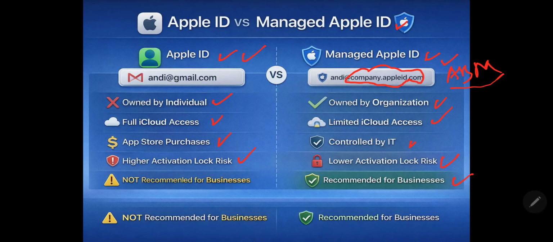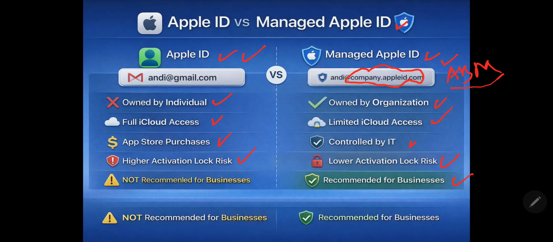Step number 2, verify your company domain. Log in to Apple Business Manager, go to Settings, Account, Domain, then add and verify your company domain through DNS verification. Step 3, create Managed Apple IDs. You can create accounts manually one by one, or bulk upload using a CSV file, or use federation with Azure or Entra ID.